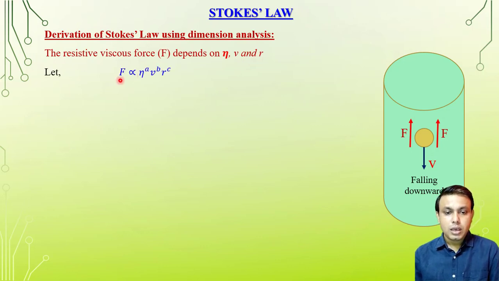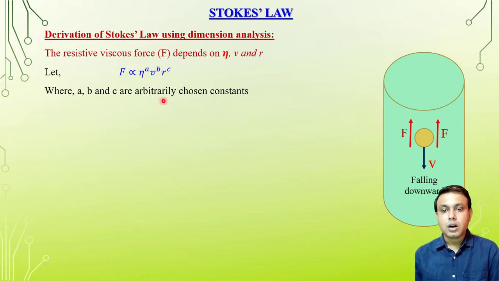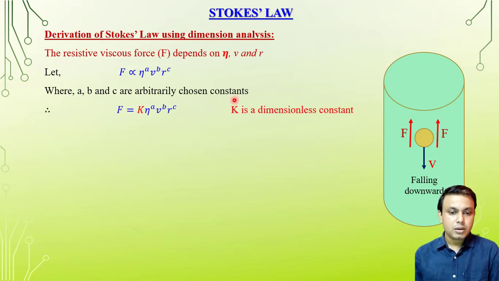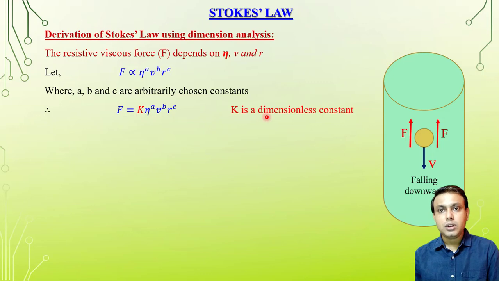Now let F be proportional to eta to the power a, v to the power b, and r to the power c, where a, b, and c are arbitrarily chosen constants. Therefore, we may write that F equal to K into eta to the power a, v to the power b, and r to the power c, where K is a dimensionless constant.